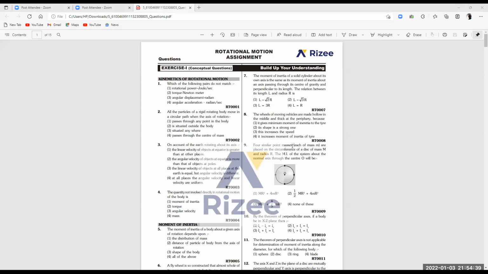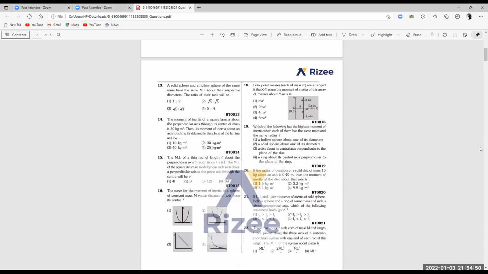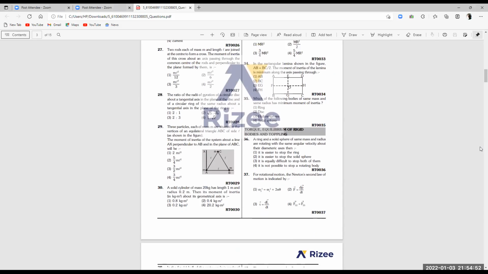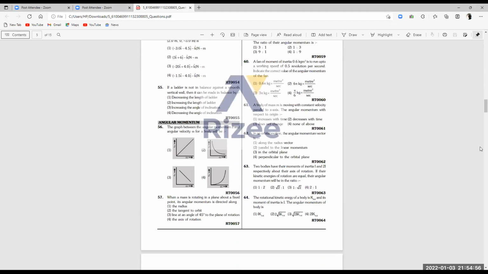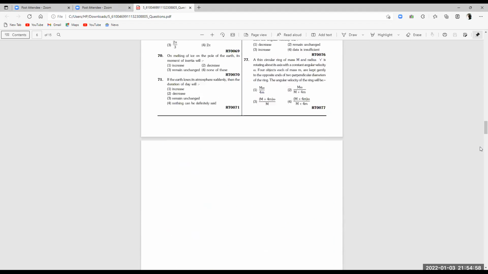This is the assignment which has been sent to you. There are problems on the kinematics of rotation and problems on moment of inertia. A lot of problems are given, and all of them have been sent to you with the solutions. So make sure you try to complete these questions as early as possible.